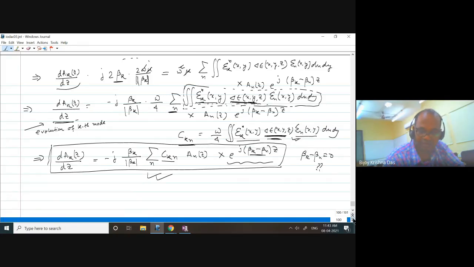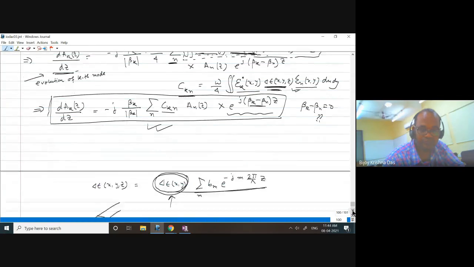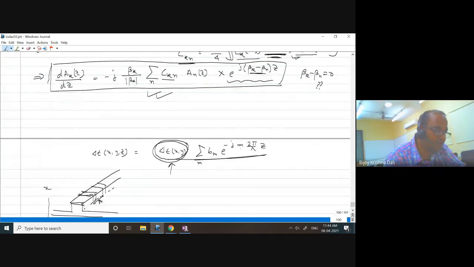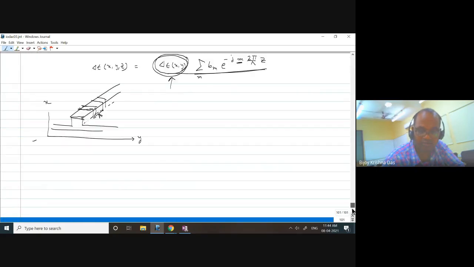So I reintroduced M not as a mode number, but as the harmonic of the periodic perturbation. You should not confuse this M with the waveguide mode. You could use some other index also, that's not a problem, but I am just sticking to your textbook index. Okay, so in that case, what will I get from this equation?